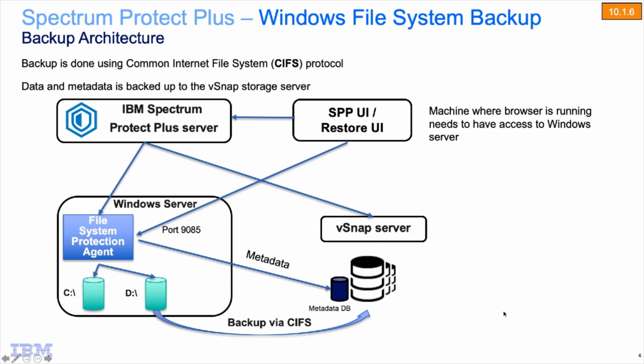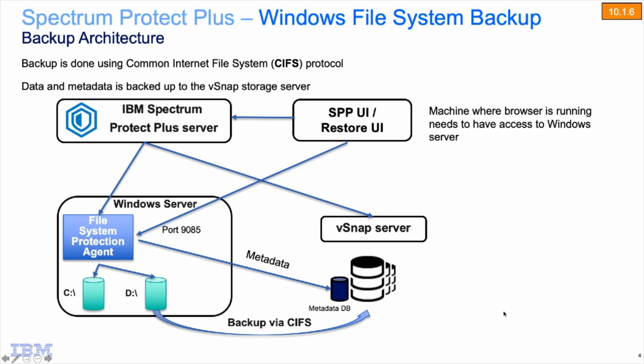Now when it comes time to do a restore, the Spectrum Protect Plus Restore UI is going to be run on the same system that is running the Spectrum Protect Plus user interface. So this may be a workstation. And that system is going to connect into the Windows server that you're going to restore.